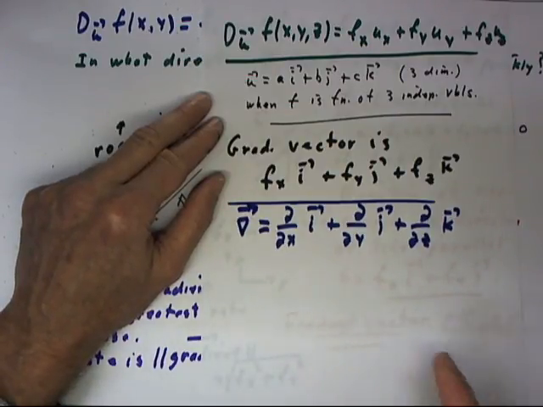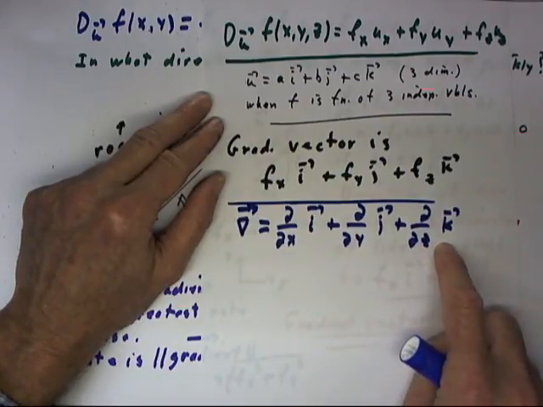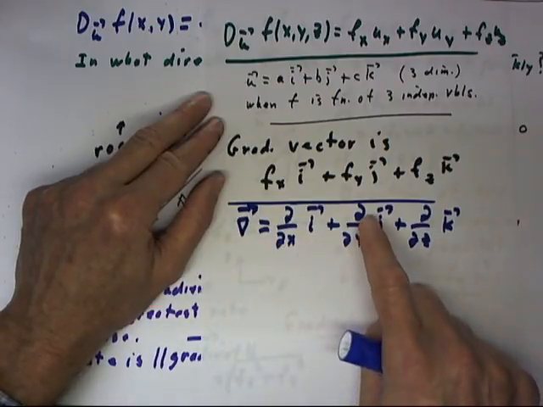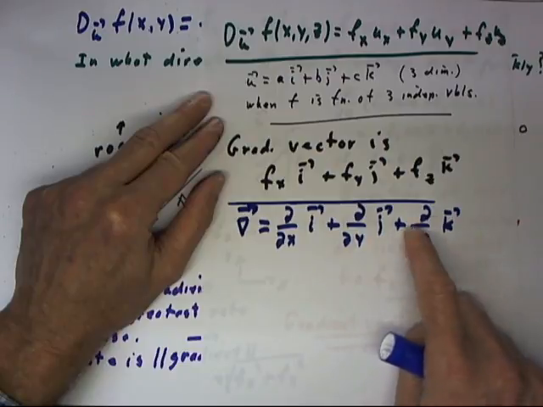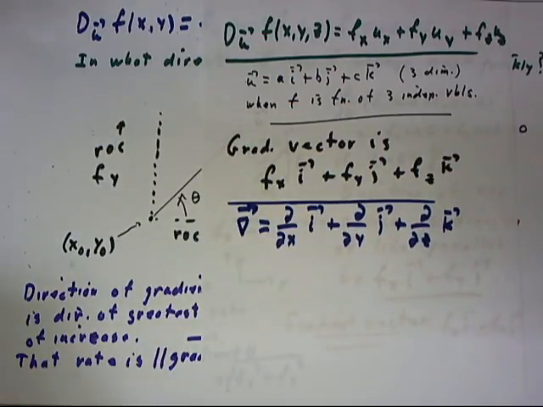But we are specifying that if we do figure out what we're going to apply this operator to, the partial of that thing with respect to x is going to be an i component, the partial with respect to y will be a j component, the partial with respect to z will be a k component.